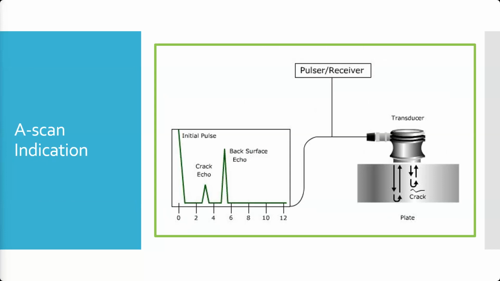And that's also part of that near field, so you really can't find anything in that area. You have your back wall echo right here off the back surface. And then here where there's a crack, it's also going to show an echo closer to the face of the probe.